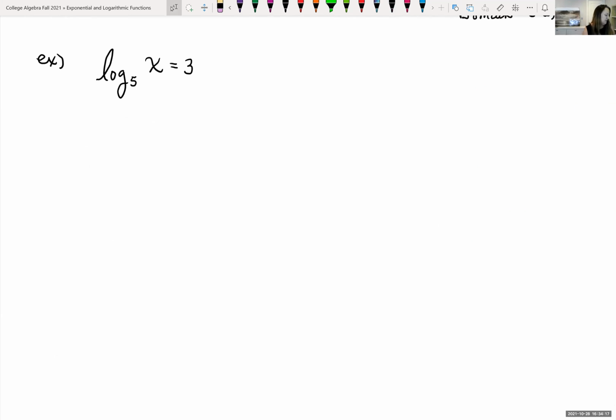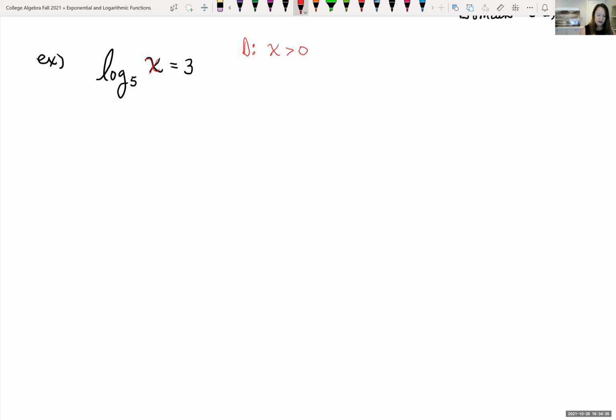And it says solve each equation. So let's look at the domain first. Our values of x have to be bigger than 0 because we can't have a log of a negative number.